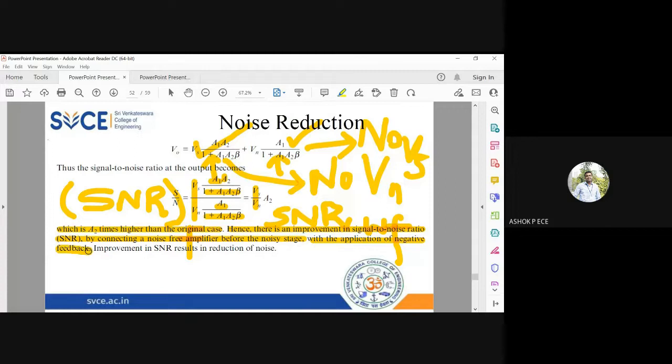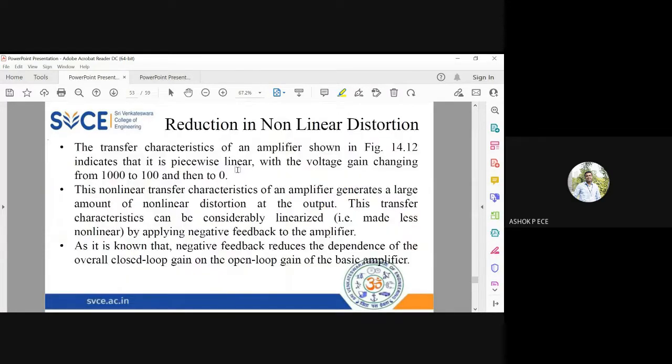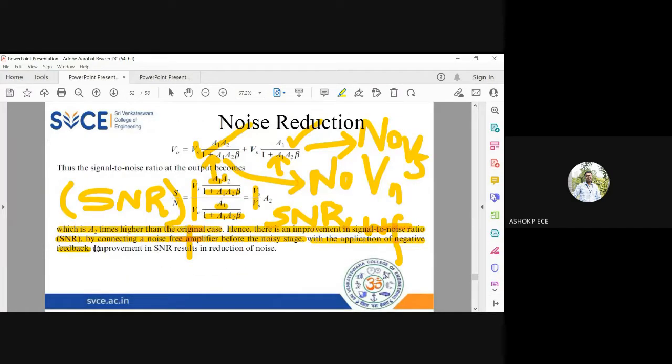So one important thing: even if you have noise connected to an amplifier, don't worry. Before that amplifier, you connect a noise-free amplifier A2. If you connect a noise-free amplifier A2 before this amplifier A1, because of negative feedback, the effect of noise will be considerably reduced. So when you use negative feedback, it results in improvement in SNR.